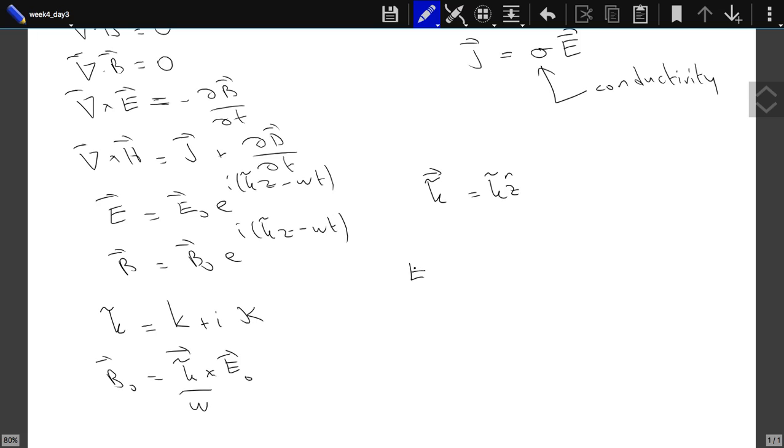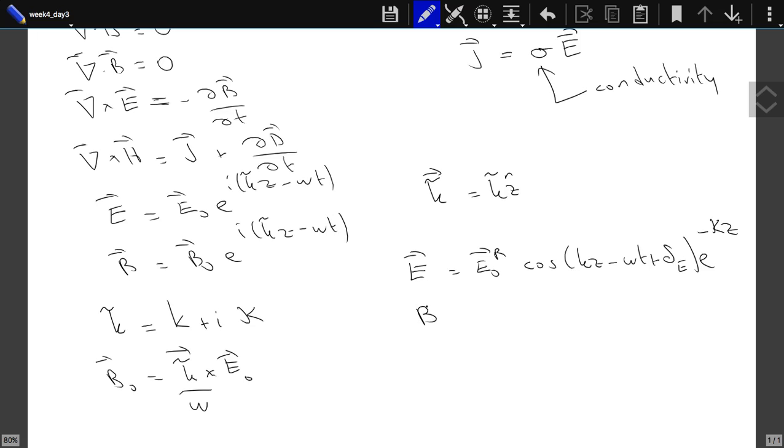And this causes the real electric field, the physical electric field, to differ. Remember, the physical electric field is just the real part. The physical electric field turns out to be some real vector E0 times cosine(kz minus omega t plus, let's say, delta E), and in general we also have this decaying factor.